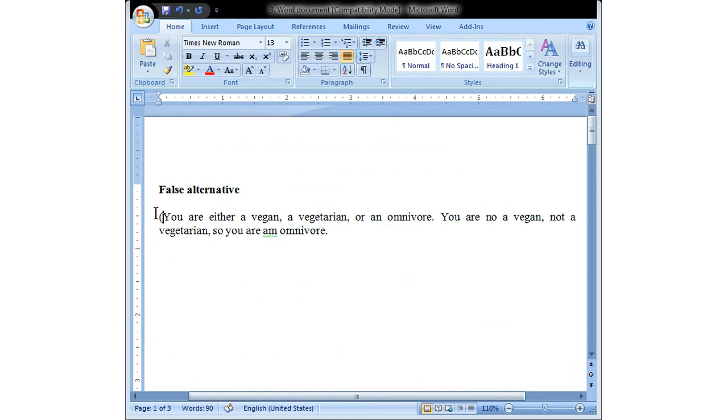This would be one of the premises. It assumes, this is one of the premises, these are the three options: vegan, vegetarian, or omnivore. You're not a vegan, so this is another premise. You're also not a vegetarian. This is another one. And again, I'm not sure if this is going to work out. But so you are an omnivore, which is the conclusion.